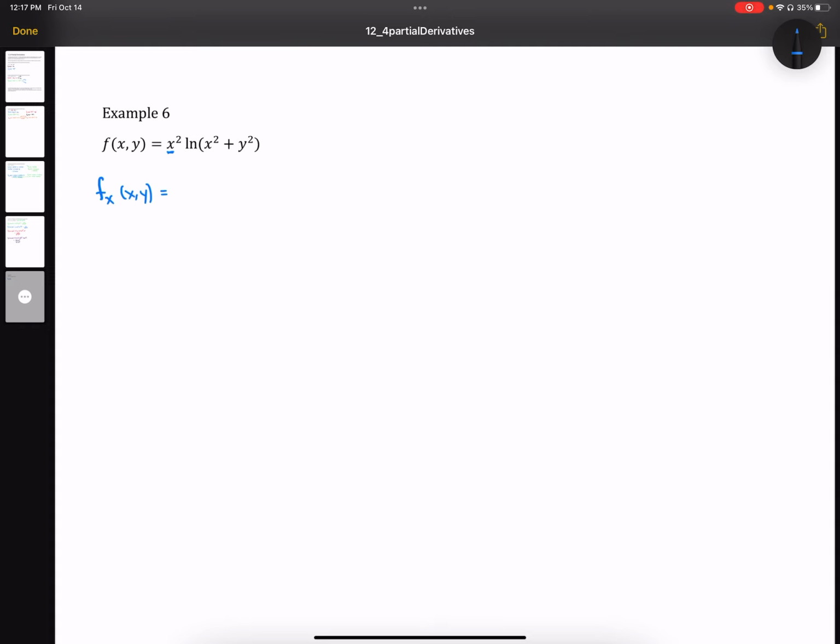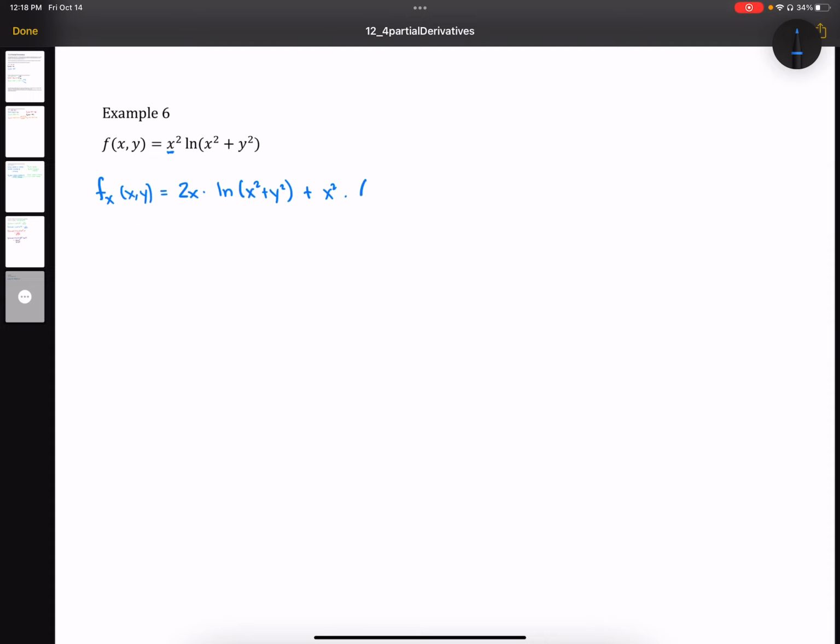So fx of x, y is going to be the derivative of x squared, which is 2x, multiplied by the logarithm of x squared plus y squared, plus x squared times the derivative of the natural logarithm of x squared plus y squared.